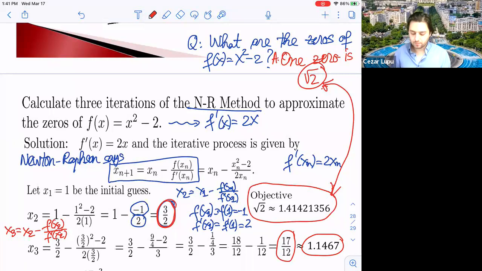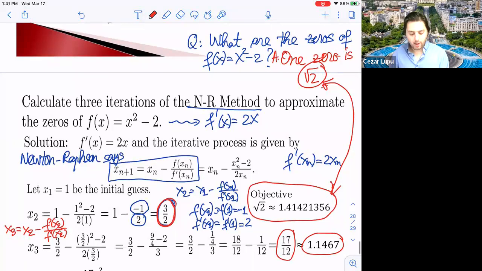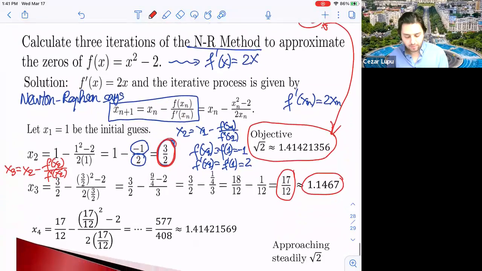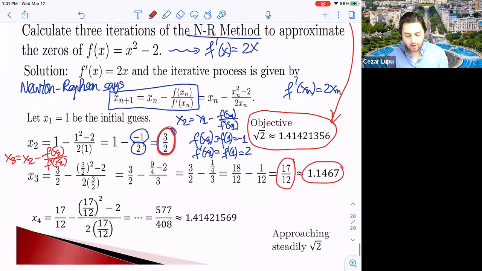Okay. All right, great. And we can keep going. Let's go with another one. As you can see now, if we compute another iterate, right? x4 will be 17/12 minus, and then we're going to replace this here.